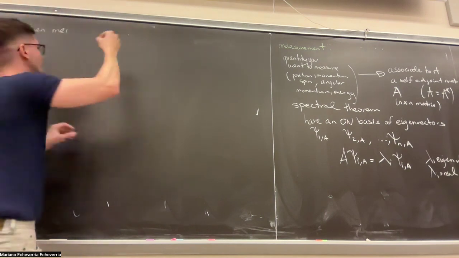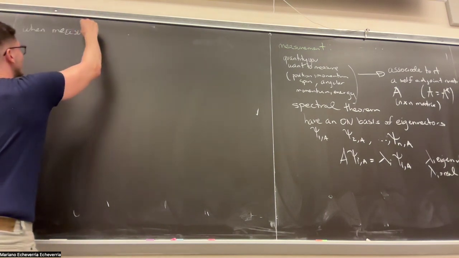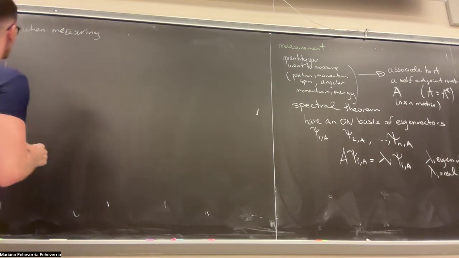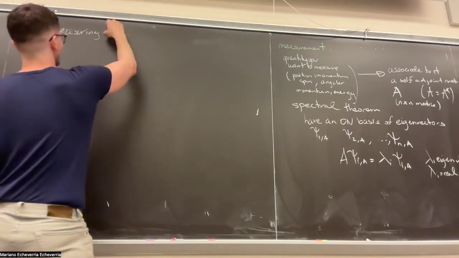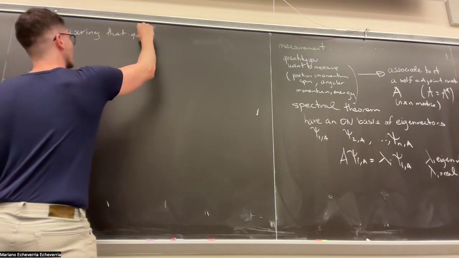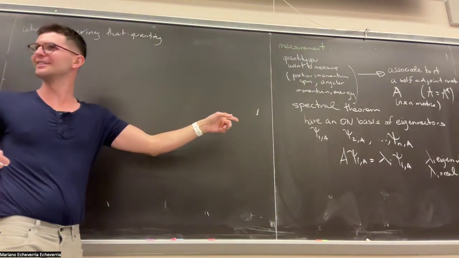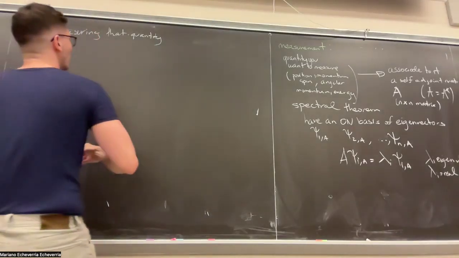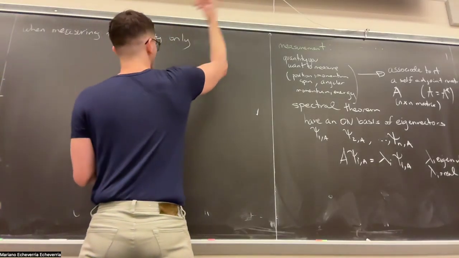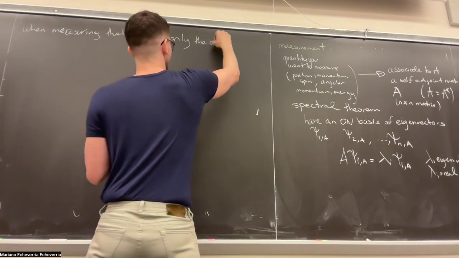They're called observables, by the way, but even then terminology drives some people crazy. When you measure that quantity, only the eigenvalues occur as a result of measurements.